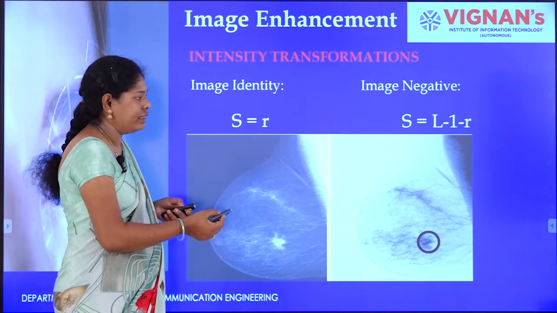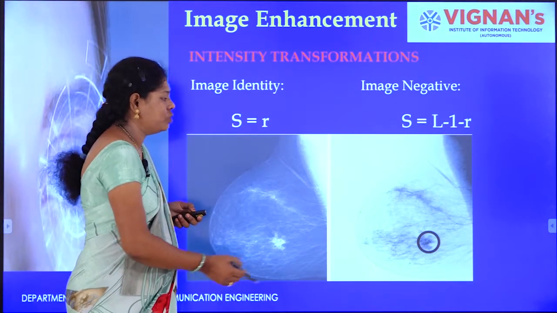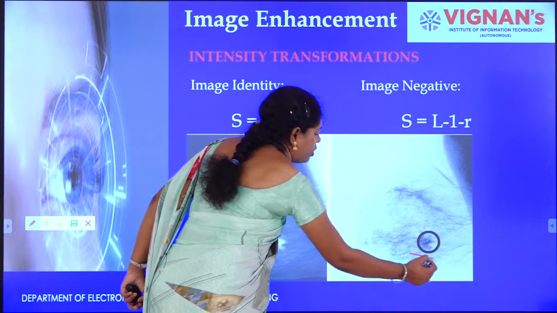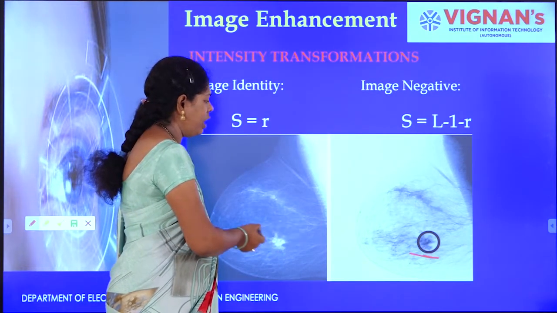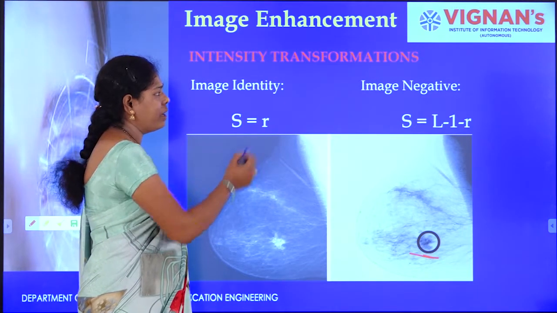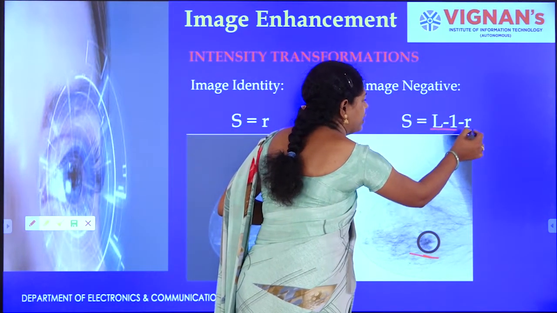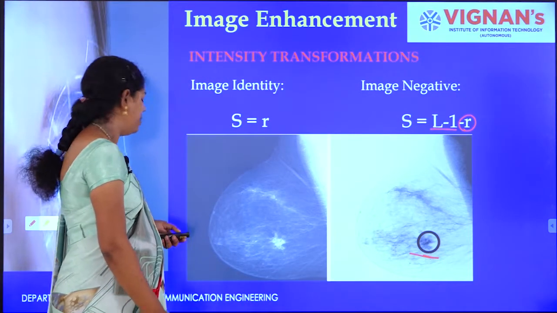If you want to identify the tumor, we must apply image negative. Here it is dominated by the dark regions, so we are applying image negative, that is, the maximum intensity value minus the corresponding intensity value.